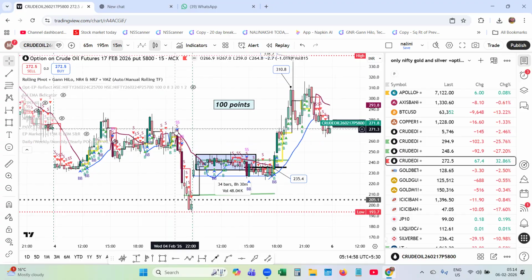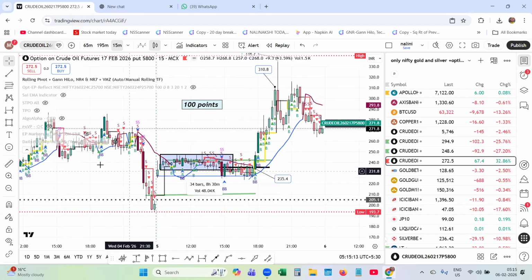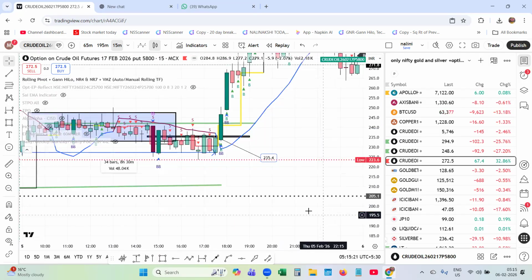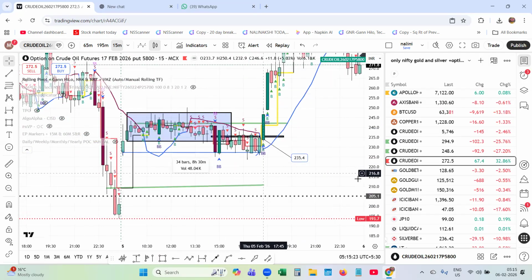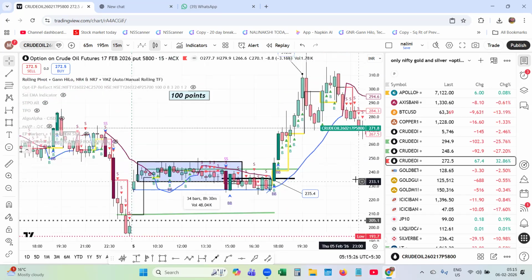Sometimes you need all the indicators. The rolling pivot indicator is for identifying the balance as well as the trend. And here I've taken care of the psychology of the traders so that they will not get disturbed by the red candles. Emotionally, they will not act.